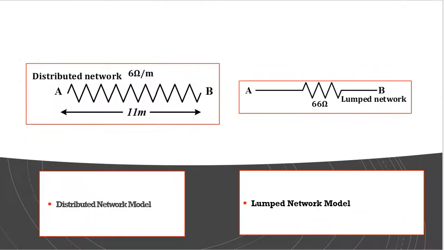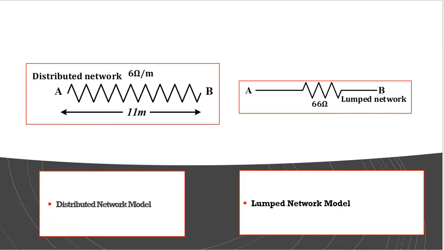So here we will discuss distributed networks and lumped networks, right. What is the fundamental difference between the distributed network model and a lumped network model? In a distributed network model, as you can see, we have multiple resistances going up to 11 meters, whereas per meter the resistance in this particular network is 6 ohm.